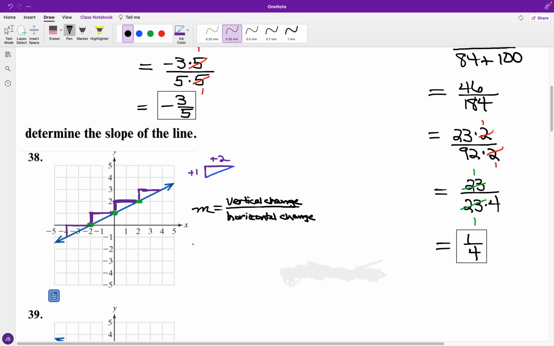And just from a visual perspective, the vertical change would be the elevation of 1 unit, and the horizontal change had increments of shifting over to the right 2 units. And so for that particular slope, this will come out to 1/2.